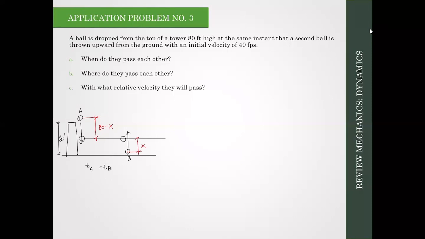So kailangan maghanap tayo ng formula kung paano natin maka-calculate yan. So kailangan maximize natin yung given. Yung given natin is meron tayong distance. Itong tinapon pababa, ang initial velocity niya, syempre, since free fall tayo, 0 yan.